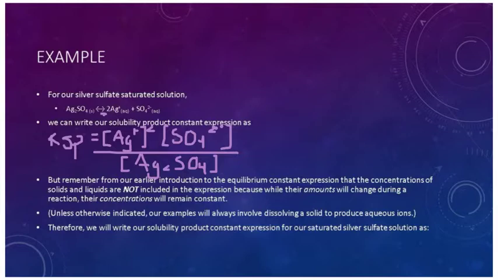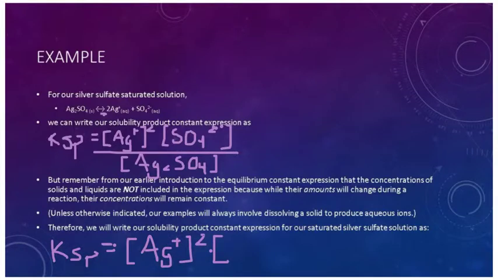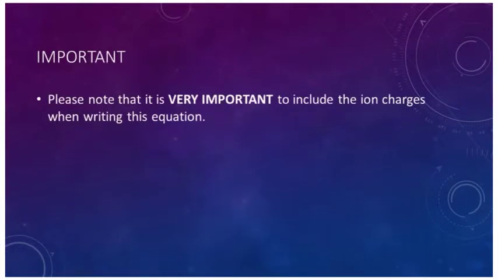Therefore, we will write our solubility product constant expression for a saturated silver sulfate solution as the same thing, just without the denominator. Okay, so we got rid of the denominator. All right, remember it's always very important to include those ion charges, so the pluses and minuses, in your equation.